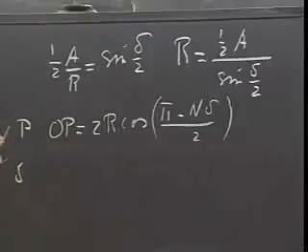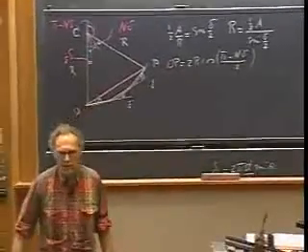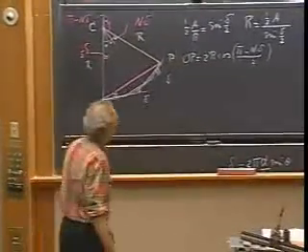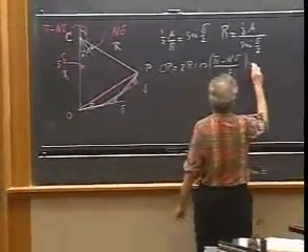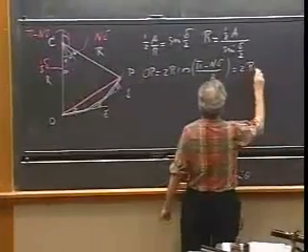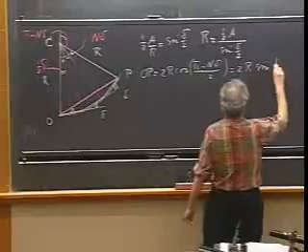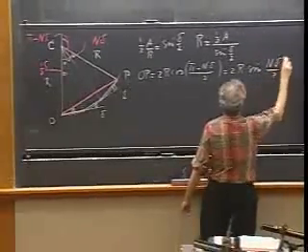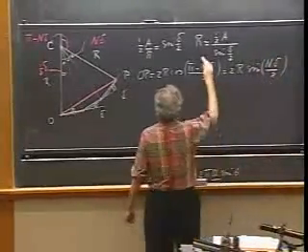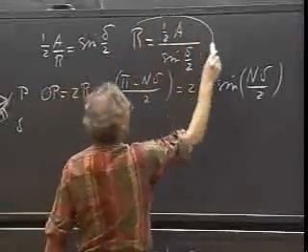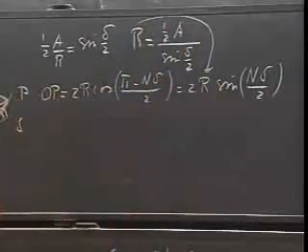But pi over 2 is 90 degrees, and 90 degrees minus the angle is the sine of the angle. So I can also write for this 2r times the sine of n delta over 2. Now I take this r here, and I pop that in here to eliminate my r.